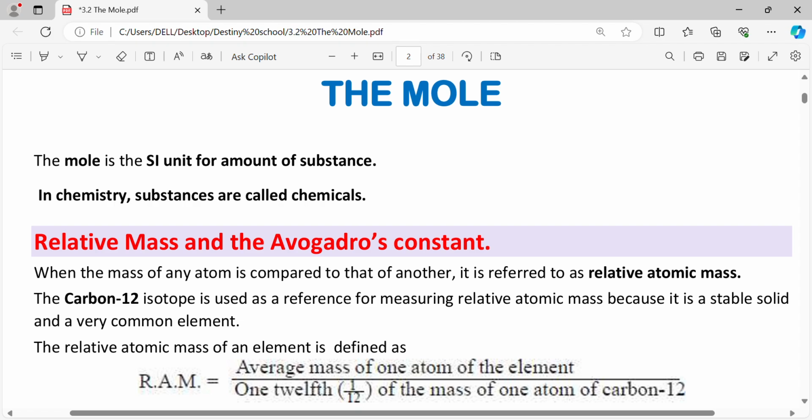The same applies to moles. The atoms are also very small. The electrons are very small. The molecules are very small. The ions are very small. So you cannot consider a single atom or a single molecule, because they're very small, just like the rice.